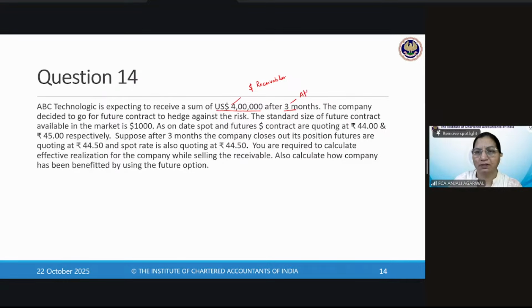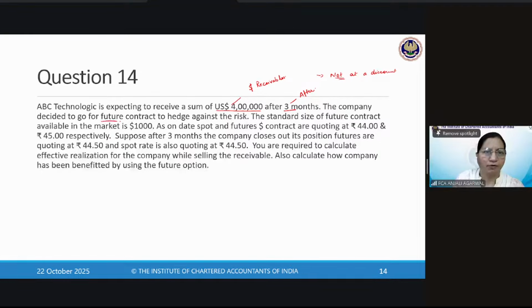After 3 months. So if you have dollar receivables, your fear is that dollar should not be at a discount. If dollar is at premium, you are happy. Dollar should not be at a discount.